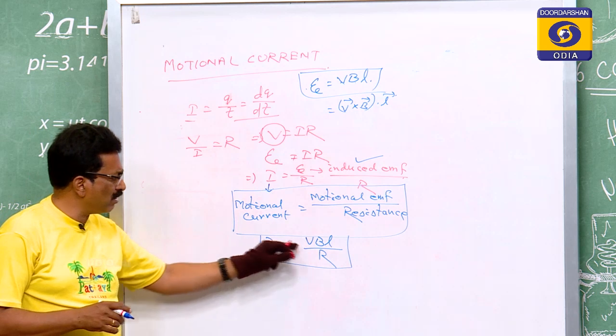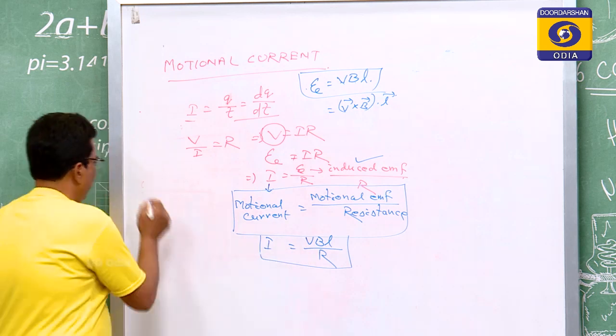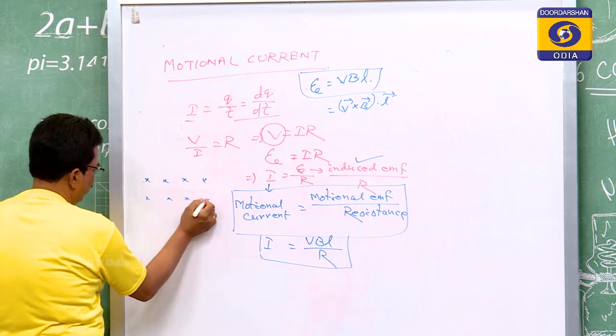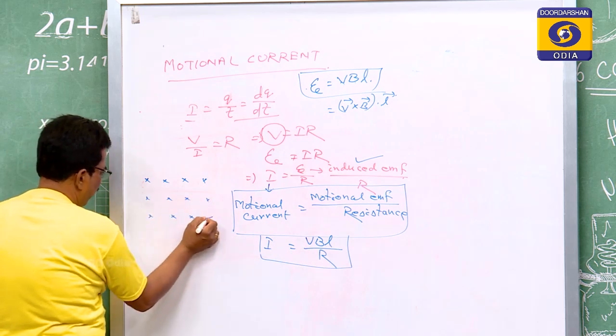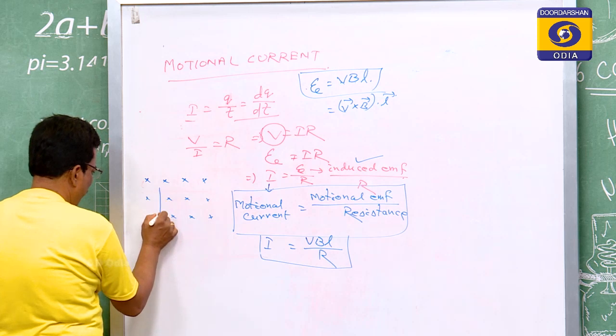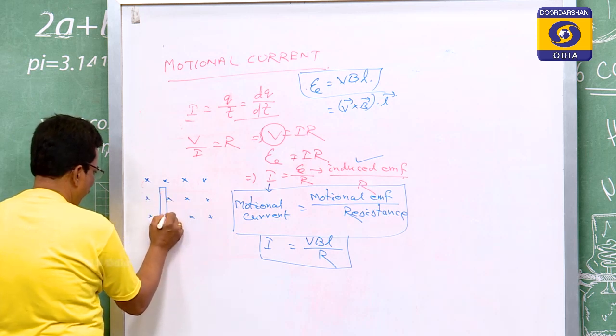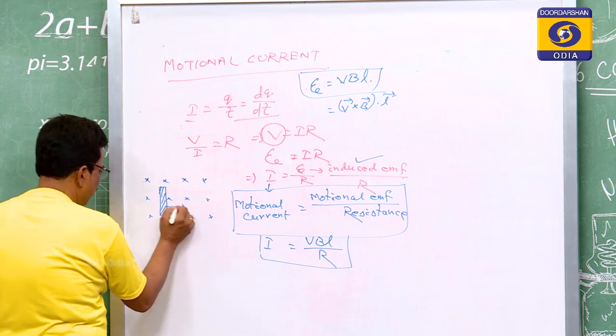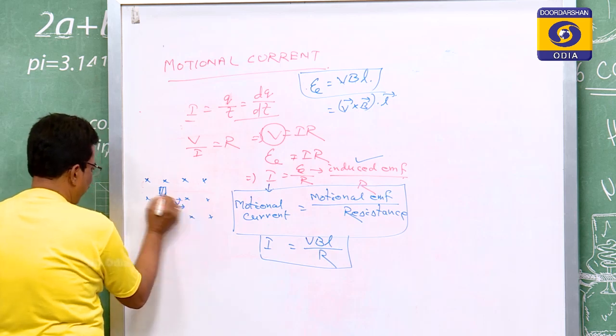So, whenever a current passes through the conductor, as we have taken, this is an inward field in which a conductor is taken, and it is moving with speed v.